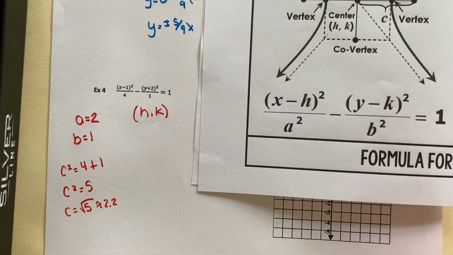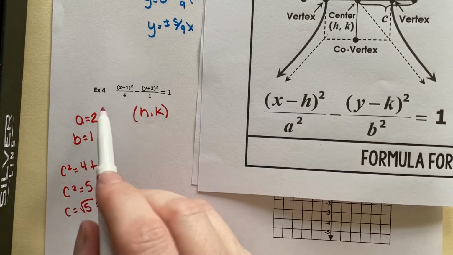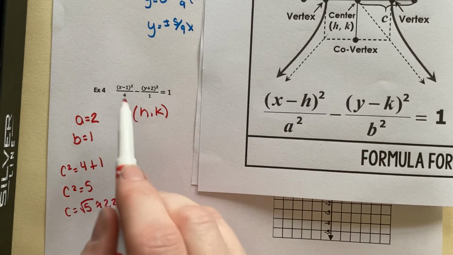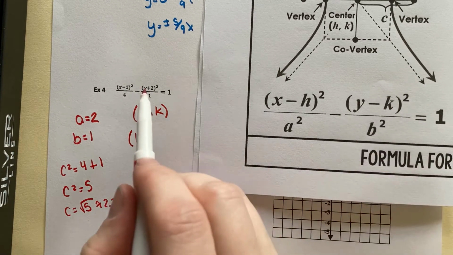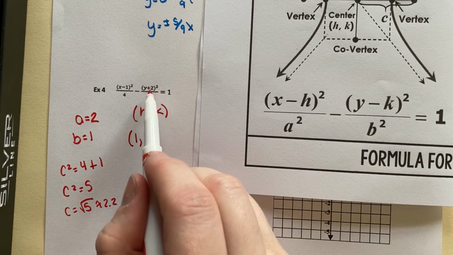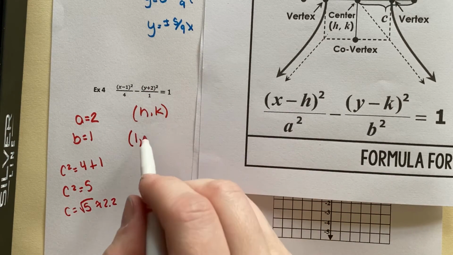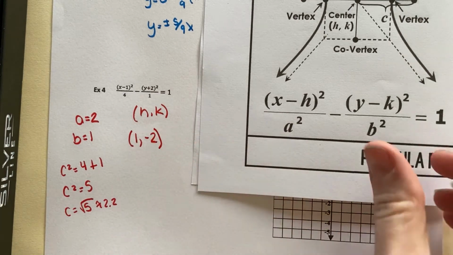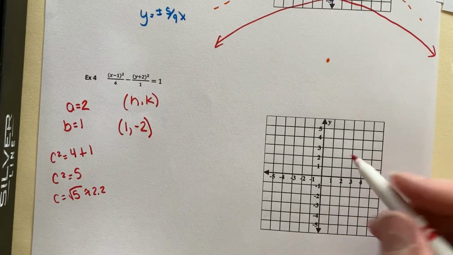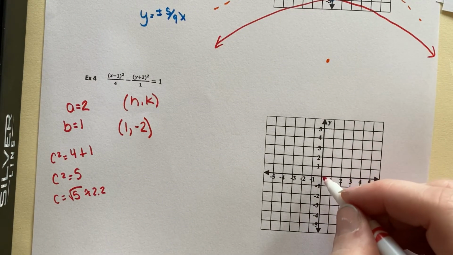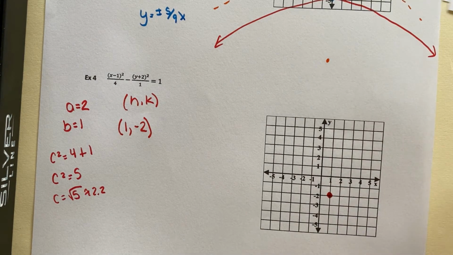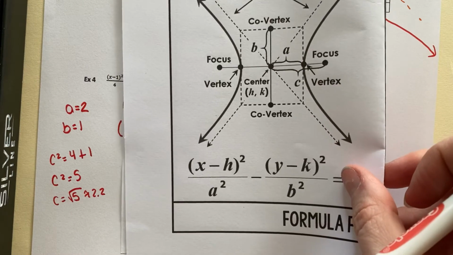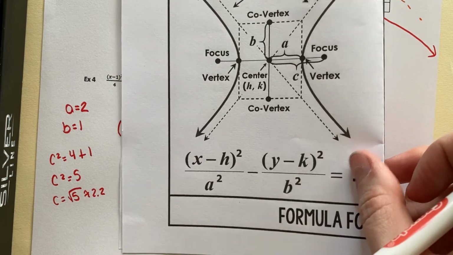I flipped over the wrong way. Sorry, H is first here. So H is the same spot as this one, so it should be positive 1. K, this one is not negative, so that means this has to be negative 2. Okay, so let's plot that center. 1, negative 2. And again, our parabola is going to be a horizontal parabola.